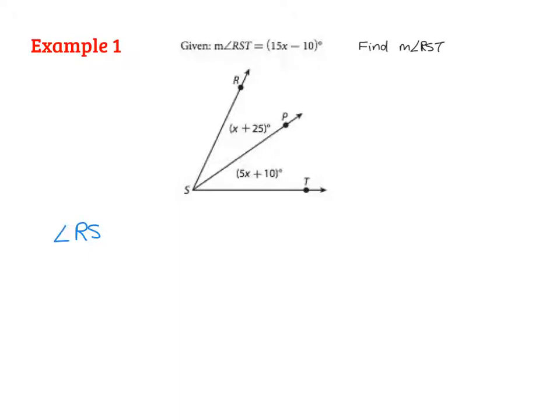Angle RSP plus angle PST equals angle RST. And for this, my reason would be the angle addition postulate. Okay, so we're doing a proof. You have to provide justification for every step you take.